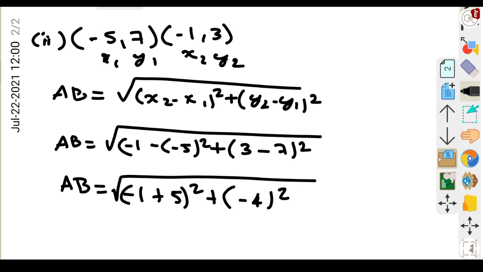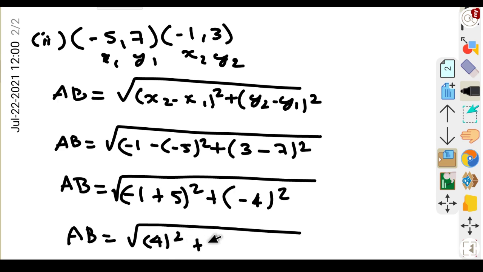Next, AB equals under root of, if you subtract, 5 minus 1 the answer will be 4 whole square plus minus 4 square will be 16. Any minus square will be plus, so minus 4 square will be 16. So that equals under root of 4 square is also 16 plus 16.